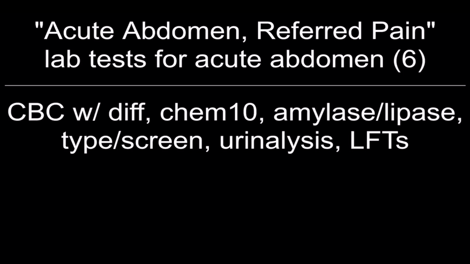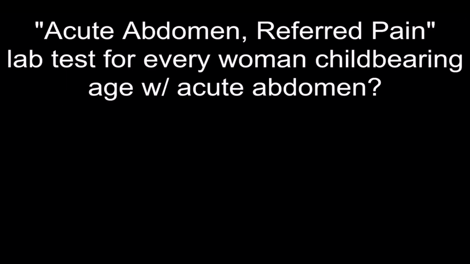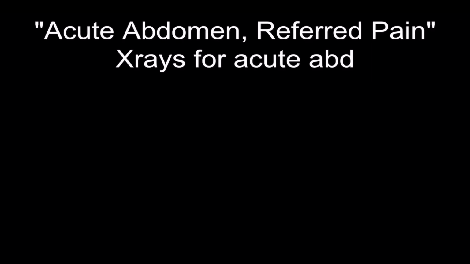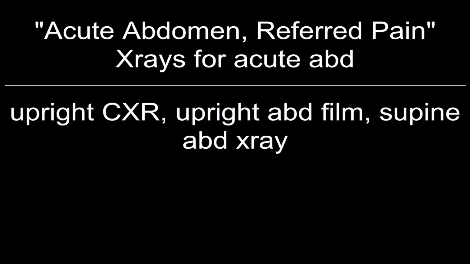CBC with differential, Chem10, amylase, lipase, type and screen, urinalysis, and liver function tests. Lab test for every woman of childbearing age with acute abdomen: beta HCG. X-rays for acute abdomen: upright chest X-ray, upright abdominal film, and supine abdominal X-ray.